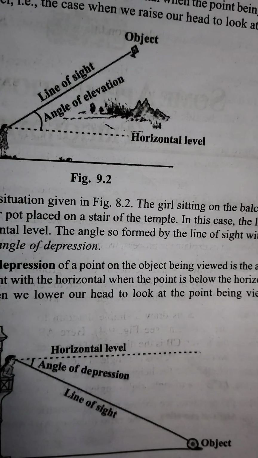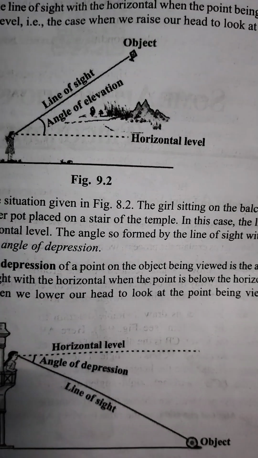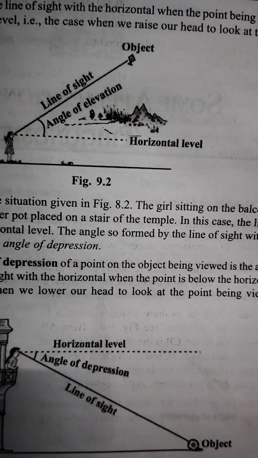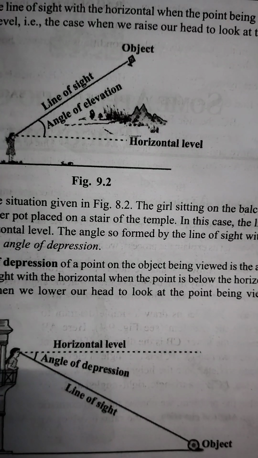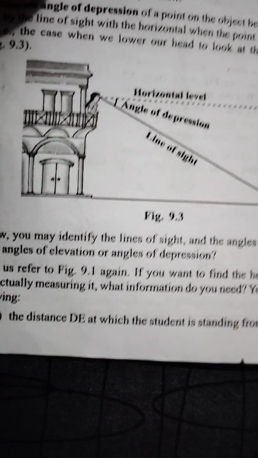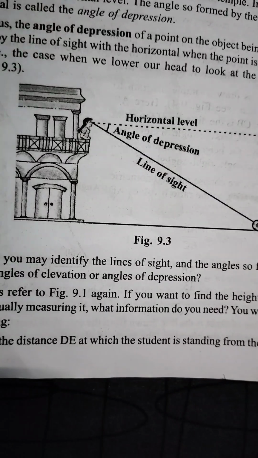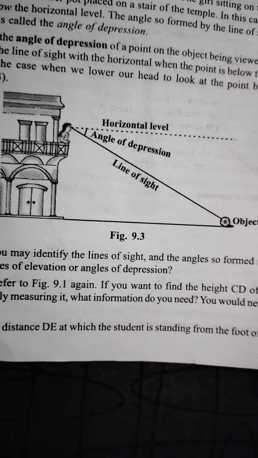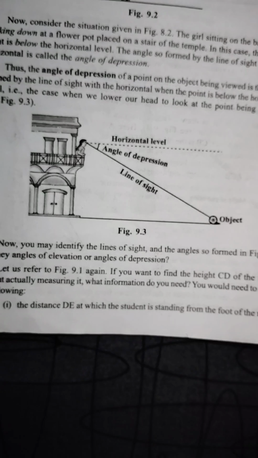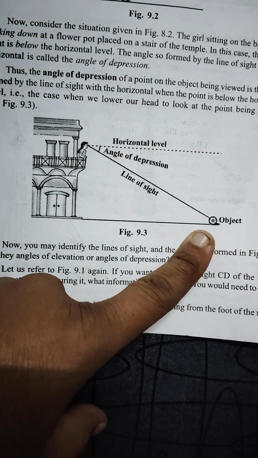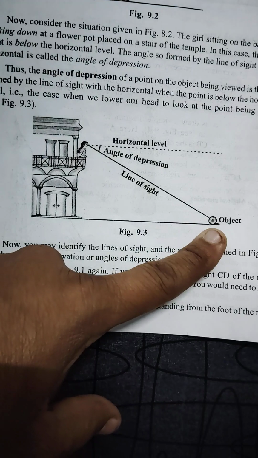Now consider the situation given in this figure. This is the girl standing on the balcony, looking down at the flower pot placed on the stair of the temple.